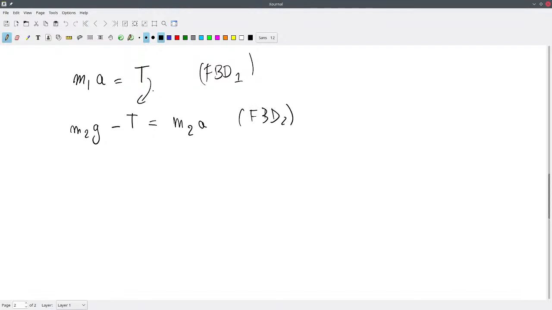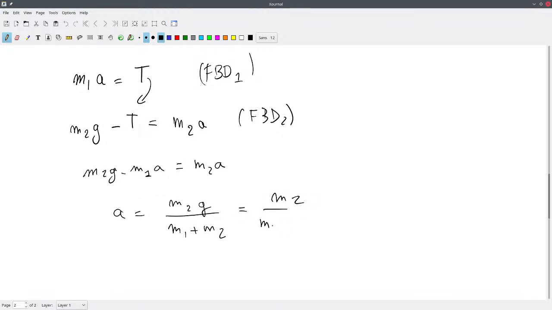So if I use this to plug in the tension, that's m2g minus m1a equals m2 times a. And so if I solve for a, I'll find that a is equal to m2g over m1 plus m2, or m2 over m1 plus m2 times g.